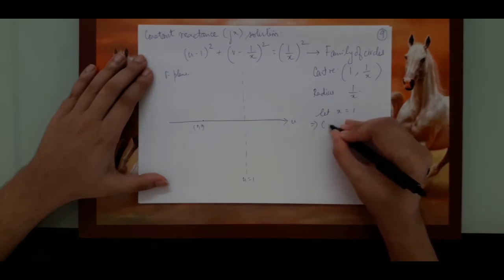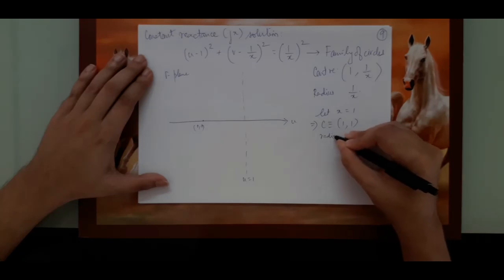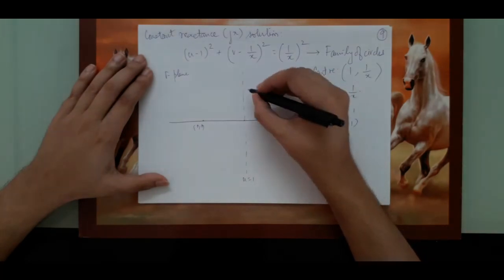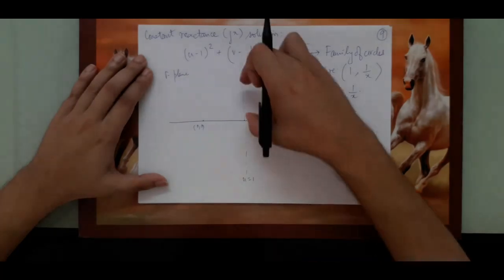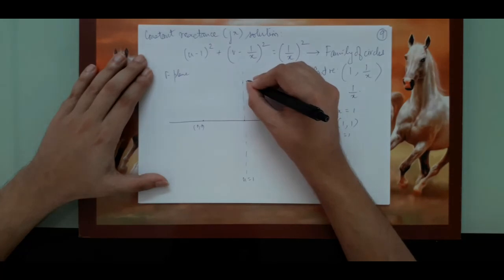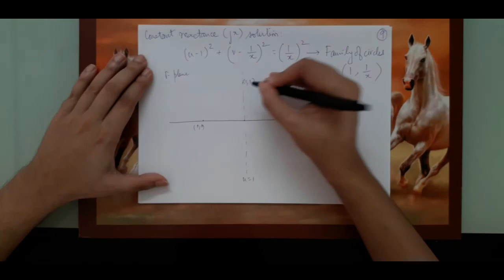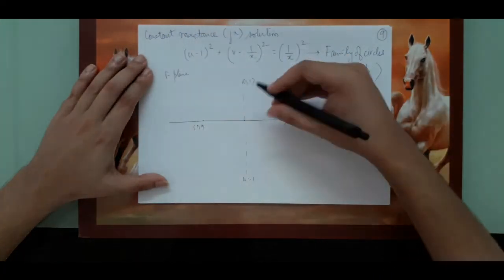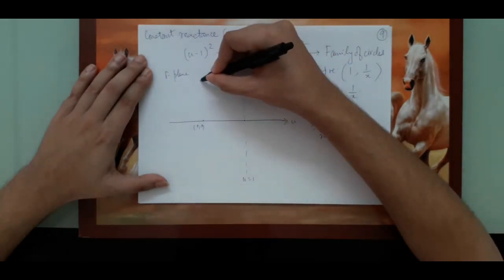That means the center is 1, 1 and the radius is also 1. So 1, 1 will be somewhere over here, and the radius is 1, which means the circle would look something like this. It's going to be like this.